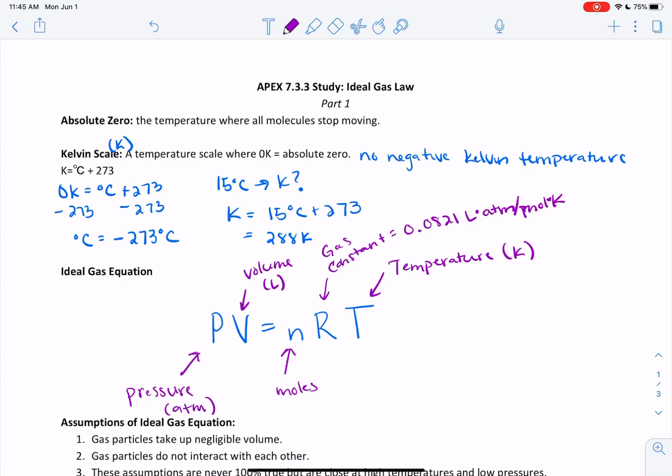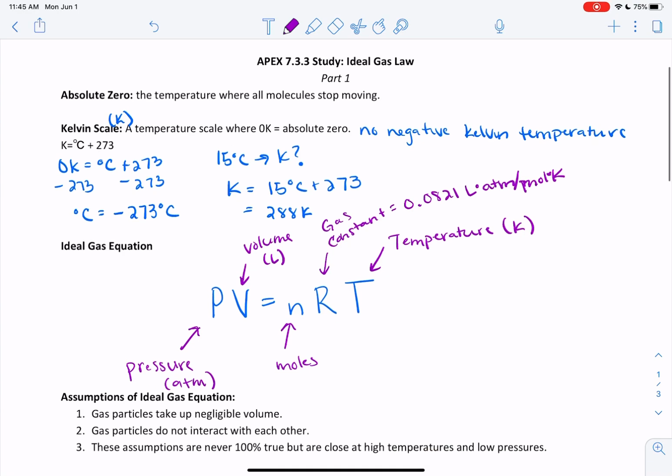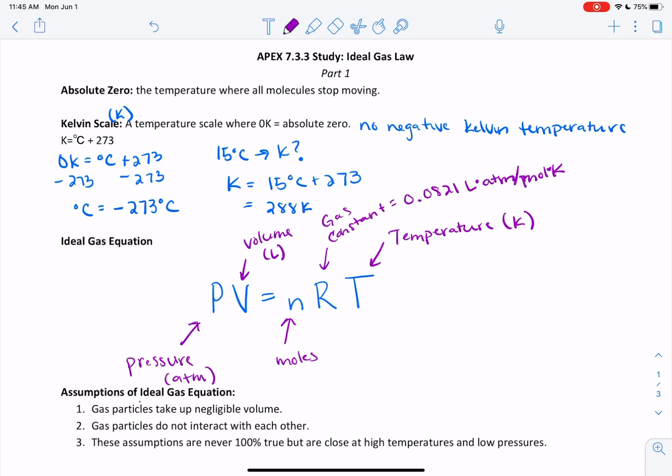Now, in order to use this equation, you need to assume your gas is ideal. So ideal means like this imaginary perfect gas. It doesn't exist in real life. We're just pretending that this imaginary perfect gas exists. And if it was a perfect gas or an ideal gas, then the particles would take up negligible volume.